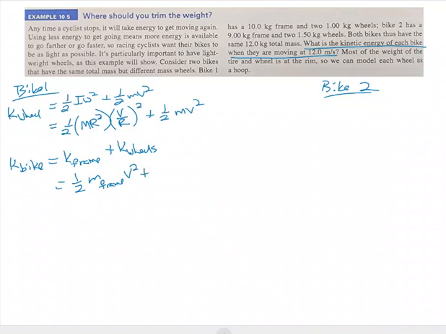There are 2 of them, so it's going to be 2 times 1/2 all that stuff, because that's just for one wheel. So 2 times the initial stuff right here.